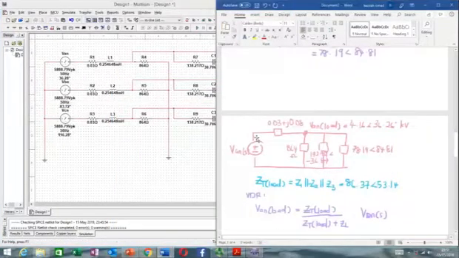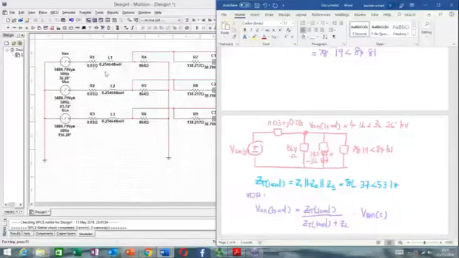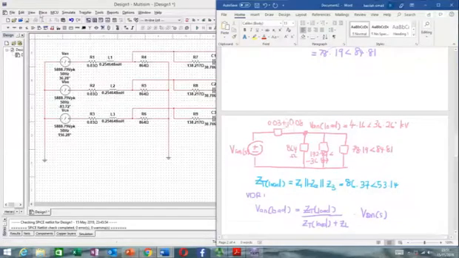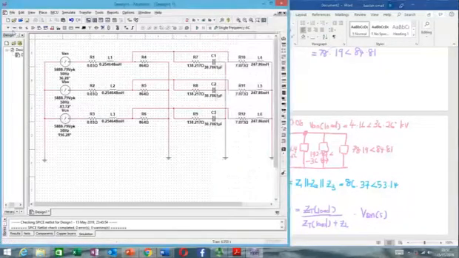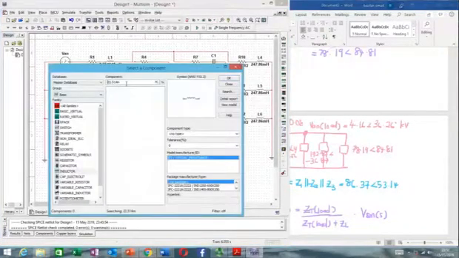and then between load and supply we have line impedance. So R is 0.03. Okay, you can select resistor from here. Just key in this one. Just put 0.03 and just click OK.